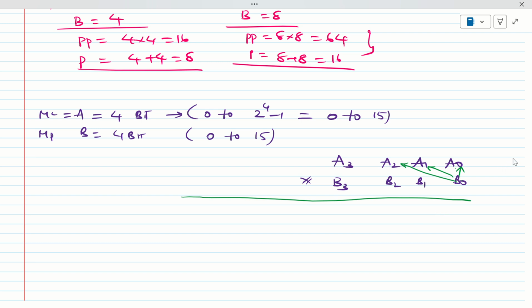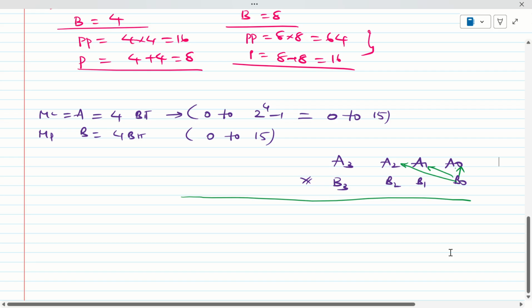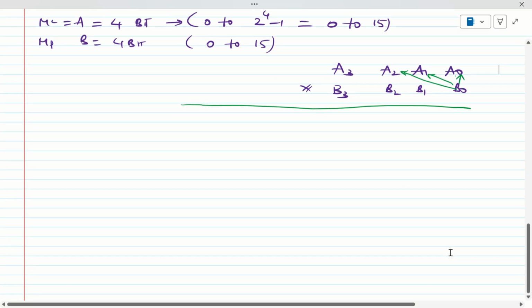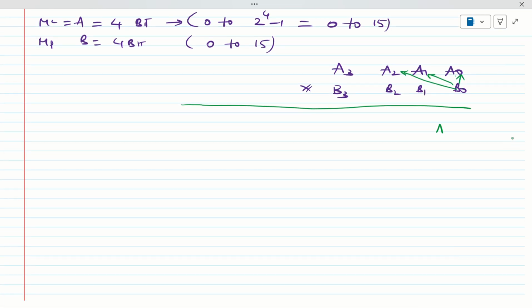See, I can elaborate this one. A0 into B0, right? Next one is A1 into B0. Next one is A2 into B0. Next one is A3 into B0.